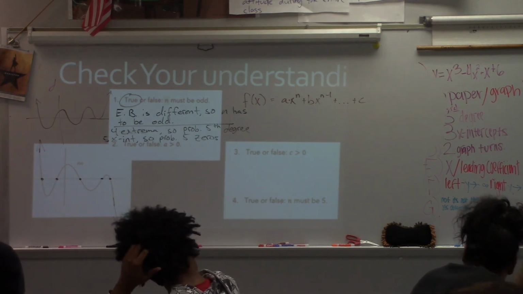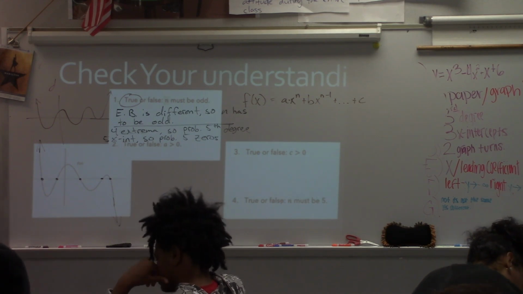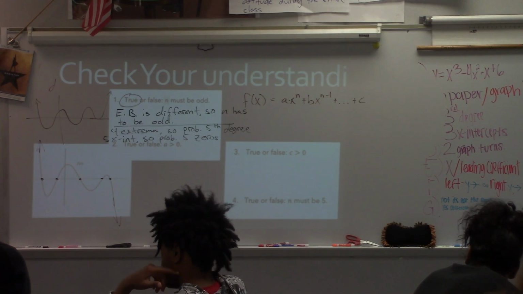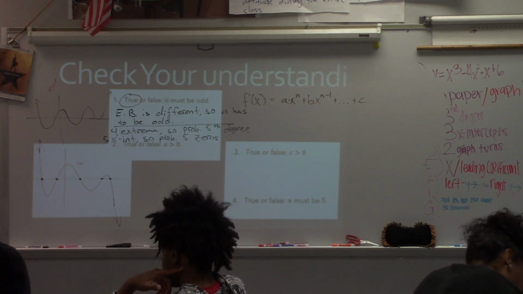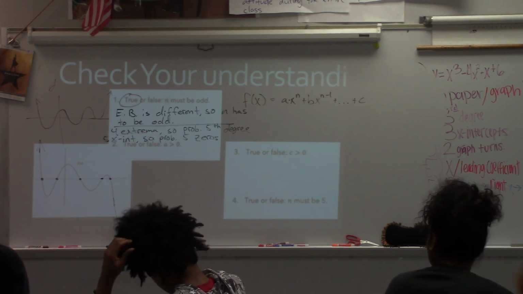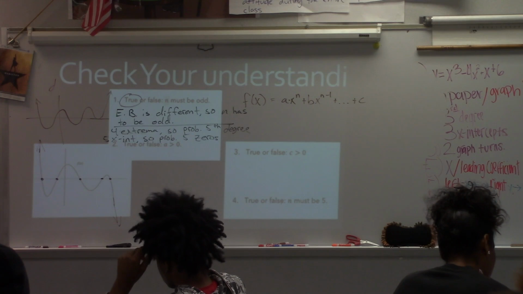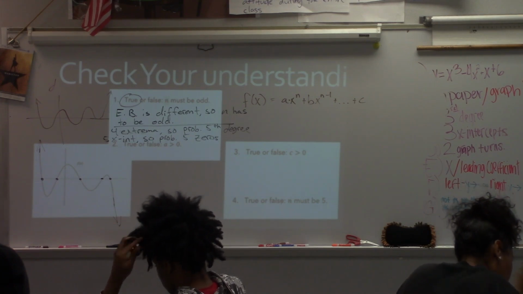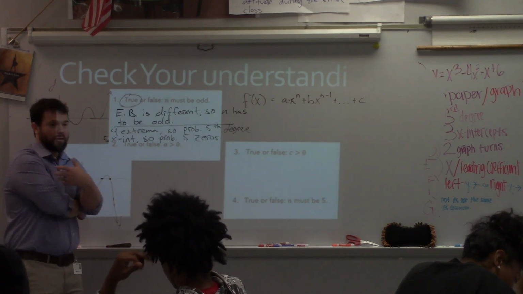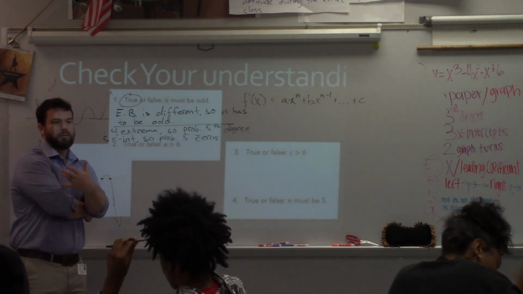Number 2, true or false? A is greater than 0. False? Okay, first off, does anyone want to push back on that? Anybody want to ask a question about that? So, what do we mean by A? Lily Kate, I know you're talking about how there are unknowns here, variables here, right?